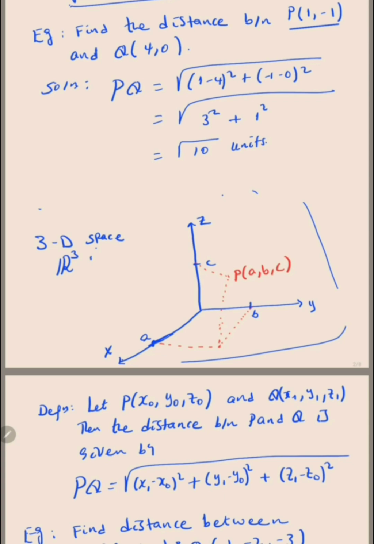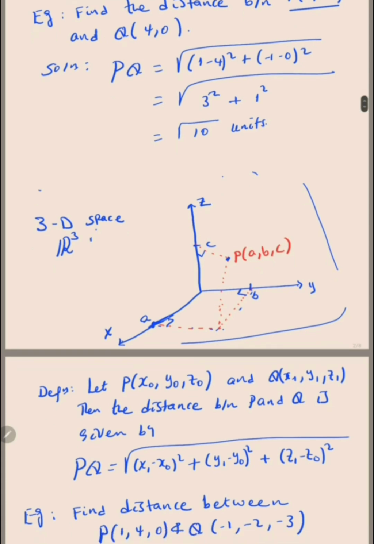If you have a point A on the x-axis, B on the y-axis, and C on the z-axis, then we have this. These axes are perpendicular, so they make 90 degrees everywhere. So a point is located and represented by this P, A, B, C.